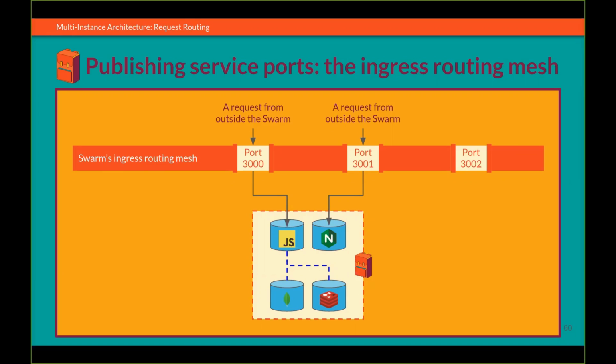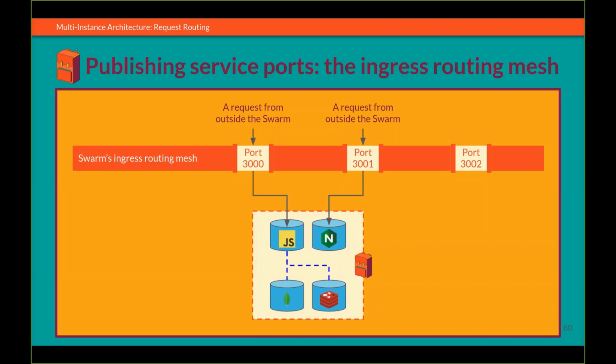This works really similarly in Swarm, but because Swarm is built to run across multiple computers and have multiple servers, each of which can have multiple services running on them, it needs to provide some kind of abstraction. It says, we're not going to expose the port to a particular server because you don't know which services are running on that server.